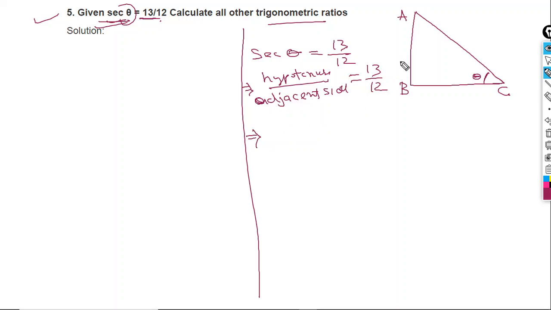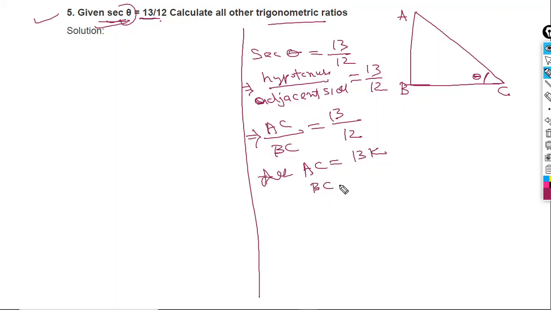Hypotenuse here is AC, adjacent side is BC. AC by BC is equal to 13 by 12. Now let AC equal to 13k and BC equal to 12k.